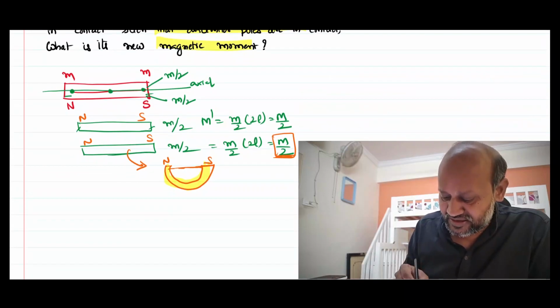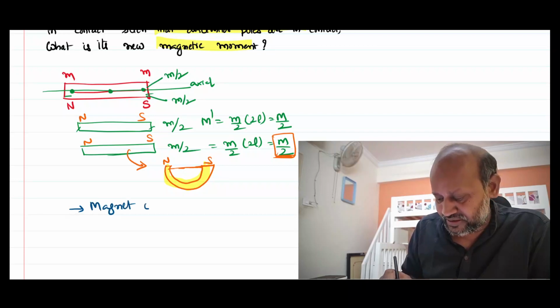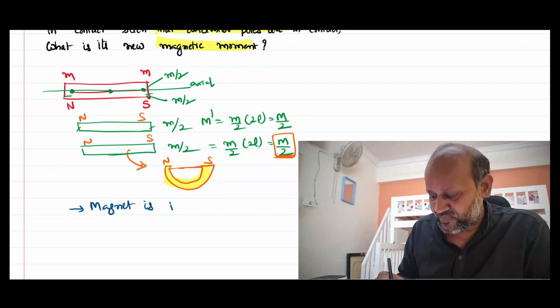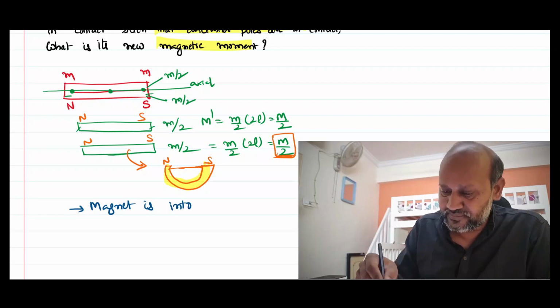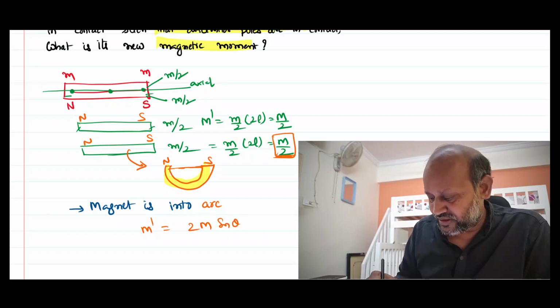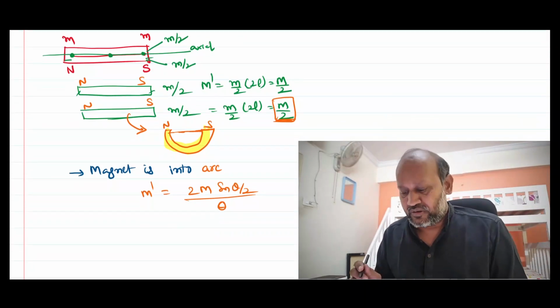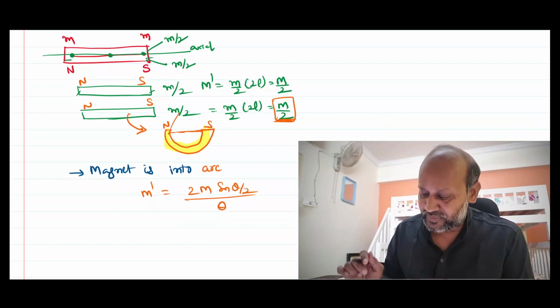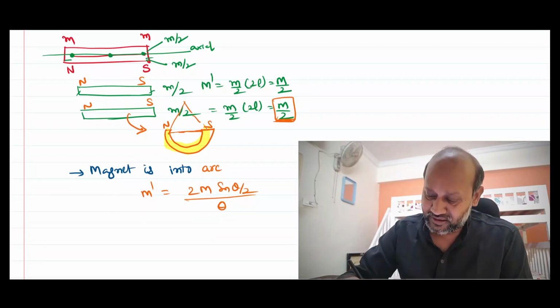We have discussed that when a magnet is changed into an arc, the new magnetic moment M dash is 2M sine theta by 2 by theta, where M is the original magnetic moment and theta is the arc angle made at the arc.